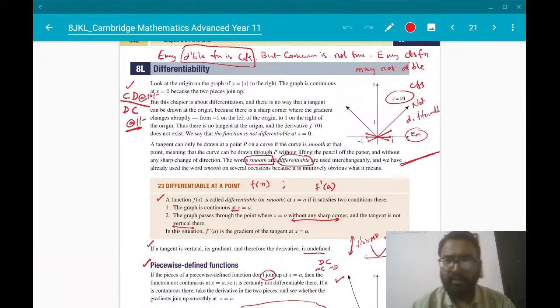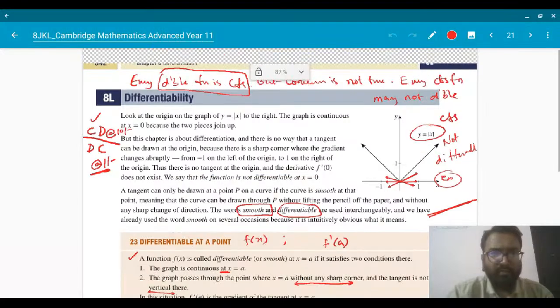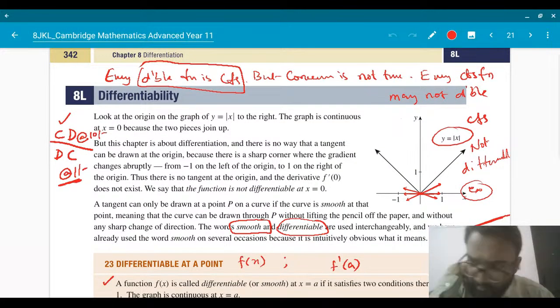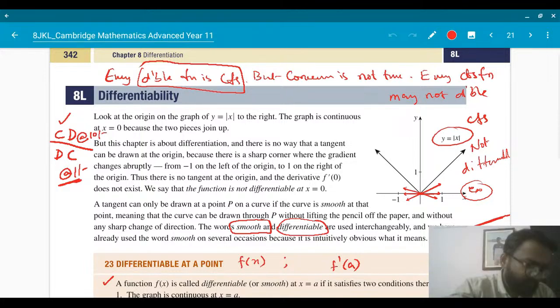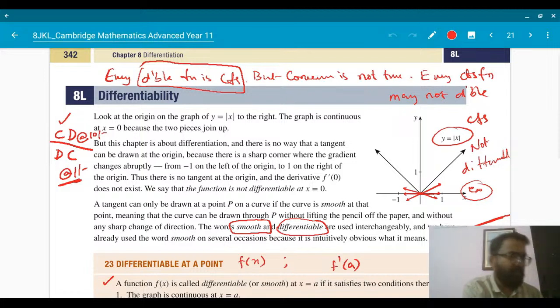It's 8L of the Cambridge textbook. It's full screen now. Let's minimize. I will speak up. I will raise my voice.